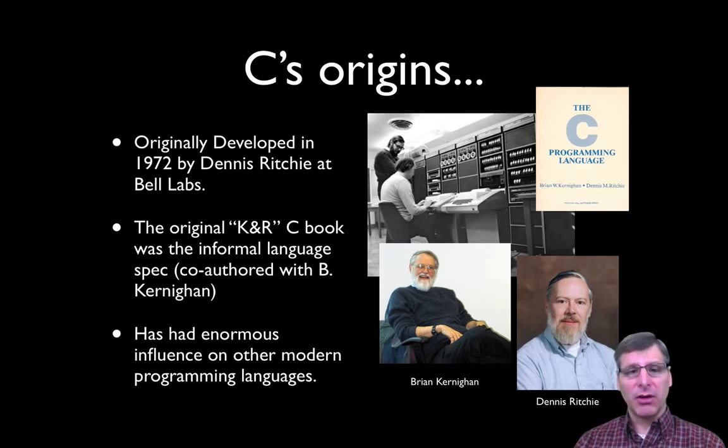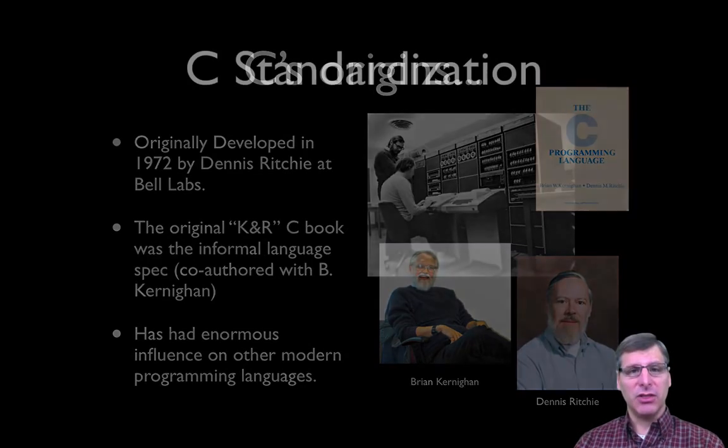He was a co-author of the kind of classic C book that a lot of people refer to as the K&R C book, and I've put a screenshot of the cover there that you can see. So he co-authored that book, and a lot of us learn C for the first time by reading that book. And as I've mentioned already, C has had an enormous influence on other modern programming languages.